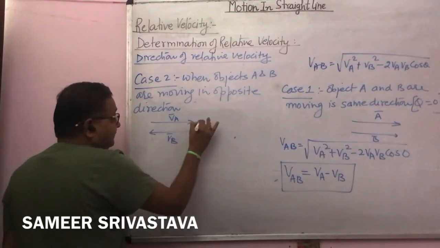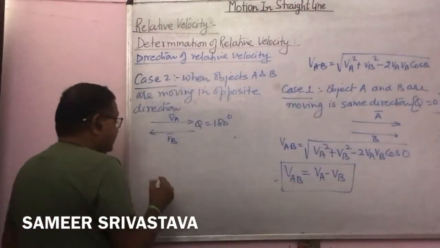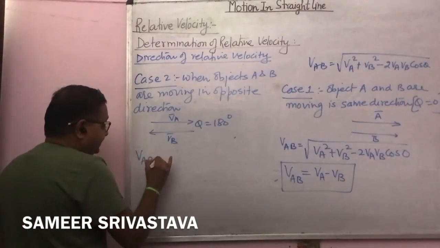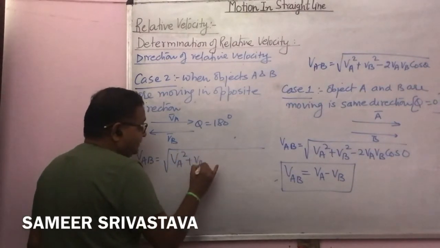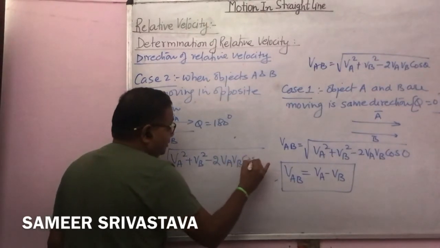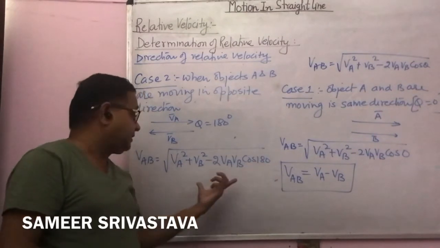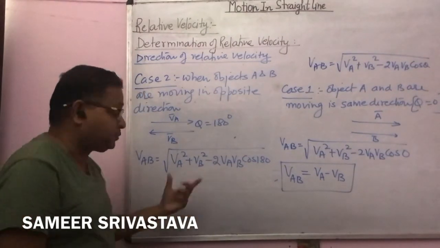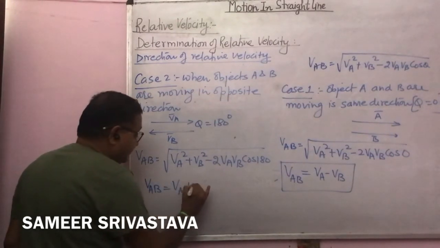Now the angle between them is 180 degrees. Now put the angle in the equation. What value do we get? VAB equal to under root VA square plus VB square minus 2 times VA VB cos 180. And we all know that cos 180 is minus 1. So this becomes VA plus VB whole square. So the final result we get is VAB equal to VA plus VB.